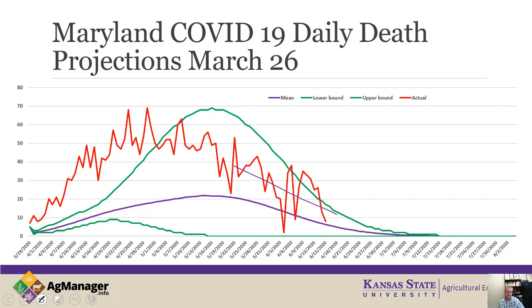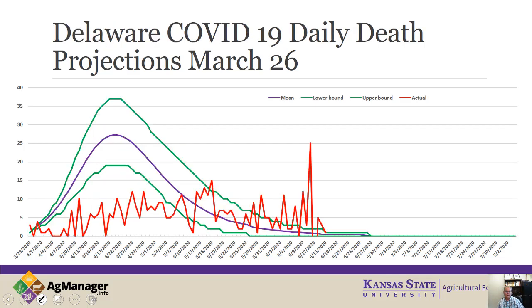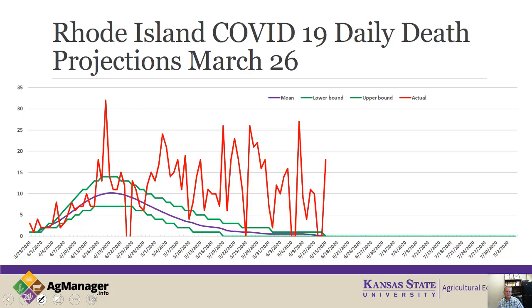Again, Maryland certainly on that downward trend. Delaware, there were 25 deaths reported there. This number here goes off the scale, it is actually negative 24 deaths, and so certainly some reporting issues there with regards to Delaware, but again, you see a downward trend. A lot of variability in Rhode Island.